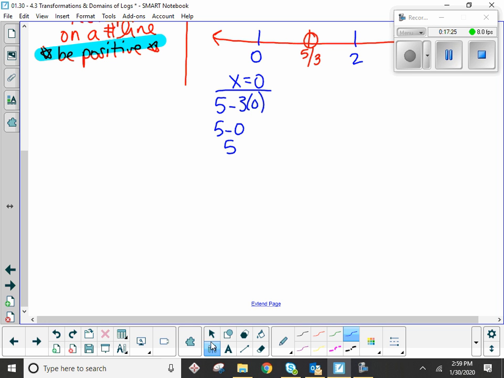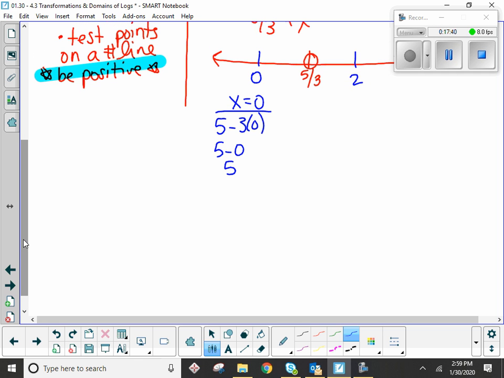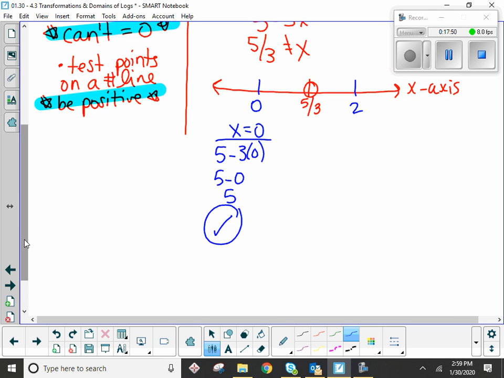I'm like, oh, hey, it's 5, it's positive, right? I'm concerned if that is giving me a positive or negative value on that side of the 5/3. It is positive, so I'm happy. So this side on the left checks out. Any number you picked on the left, if you plug it in, will give you positive. So far, I'm very happy with this side.